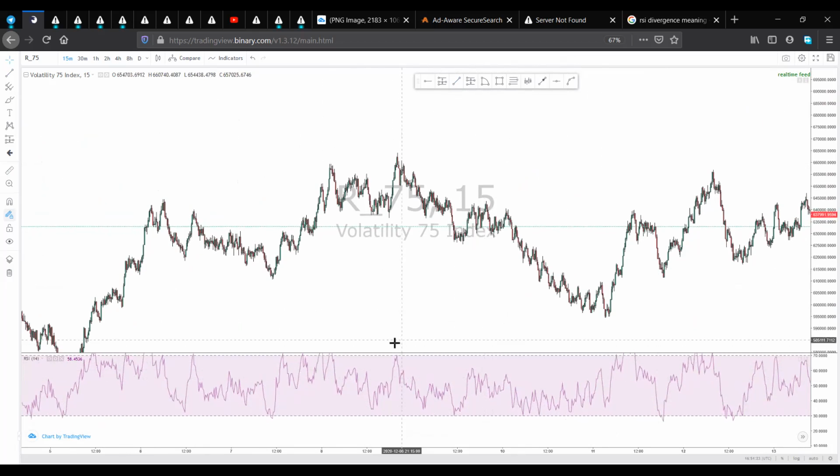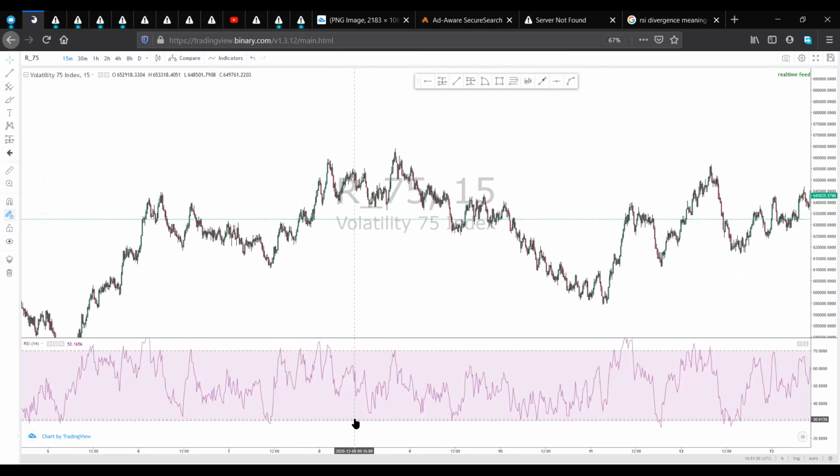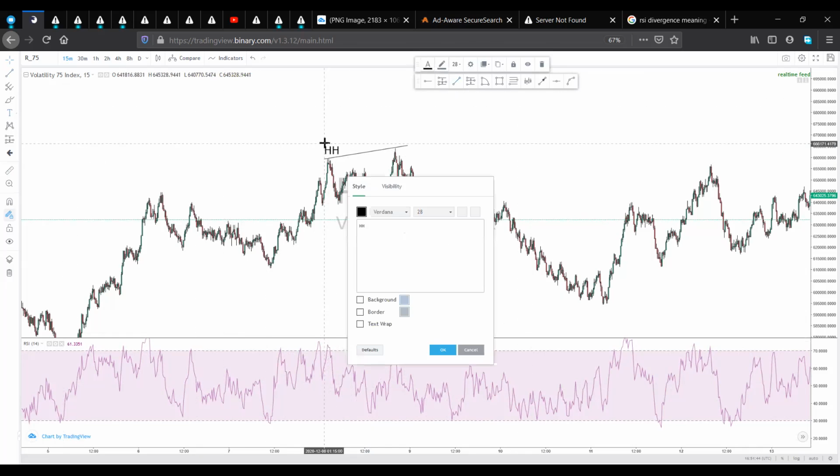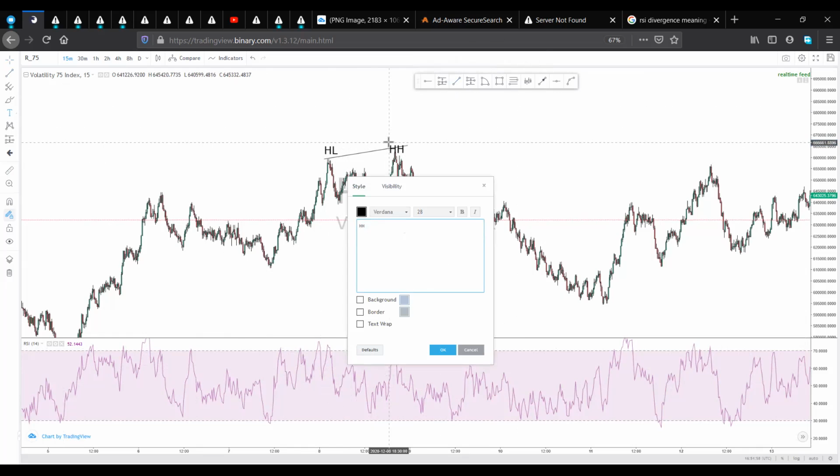Sometimes the price is making higher highs, which is normal, and it's supposed to be a higher low, and here is a high.